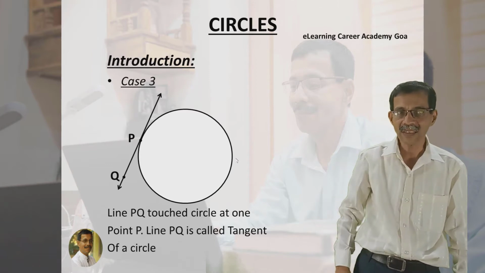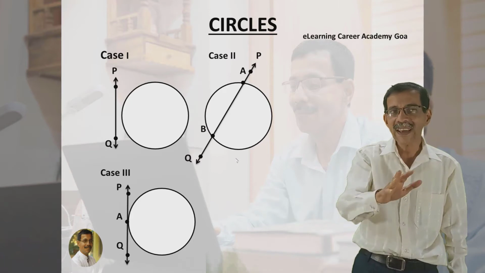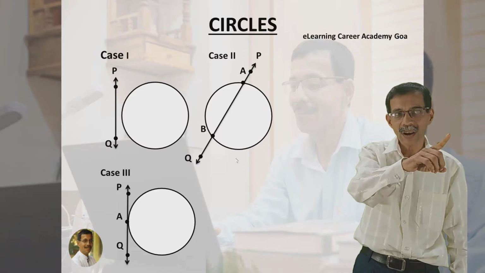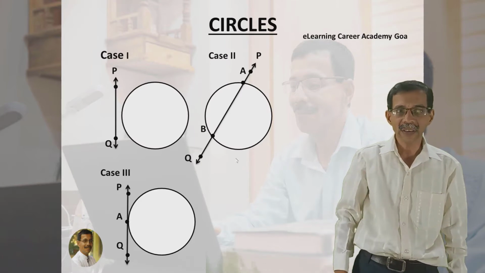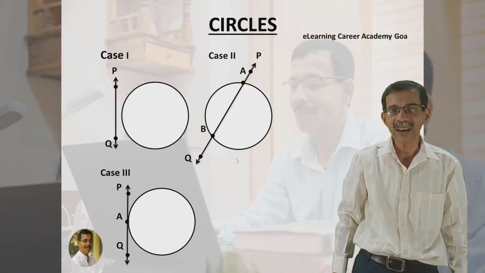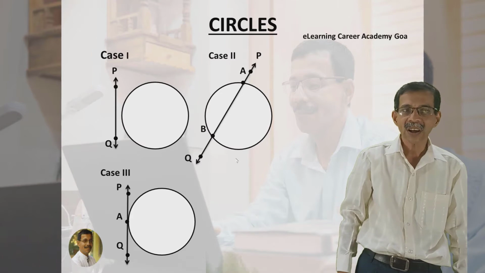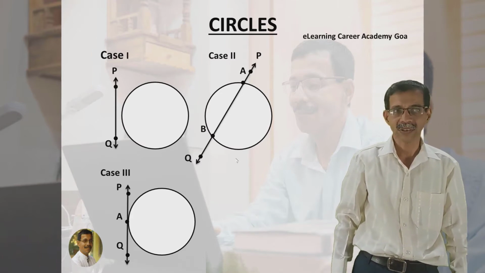And these 3 cases are shown here entirely in one slide. Case number 1 is a line not touching a circle. Case number 2 is a line touching a circle at 2 points, and case number 3, which is a tangent, is a line touching a circle at only 1 point.